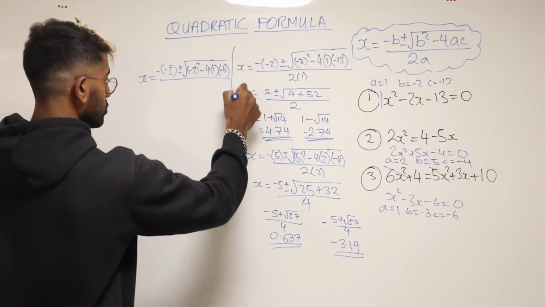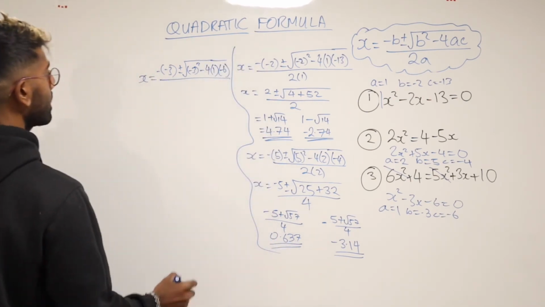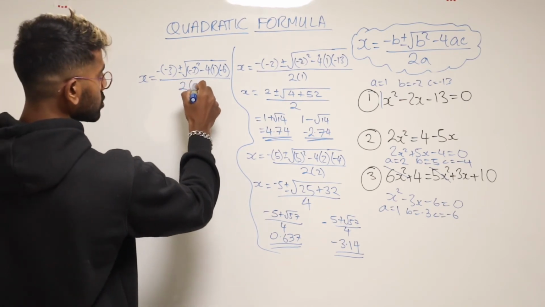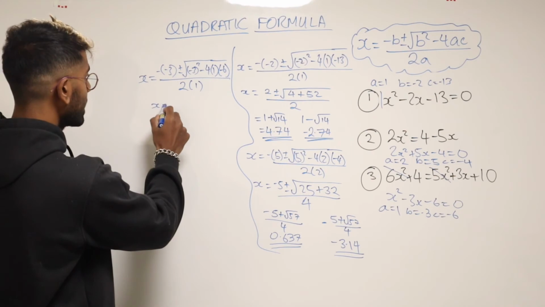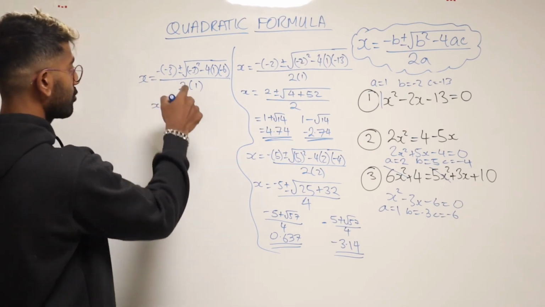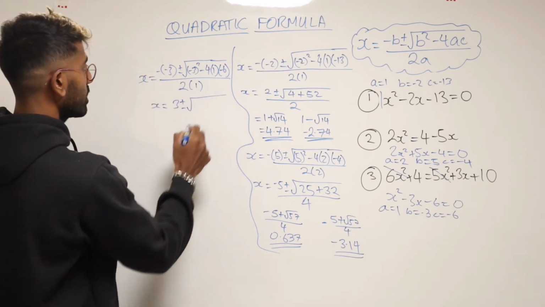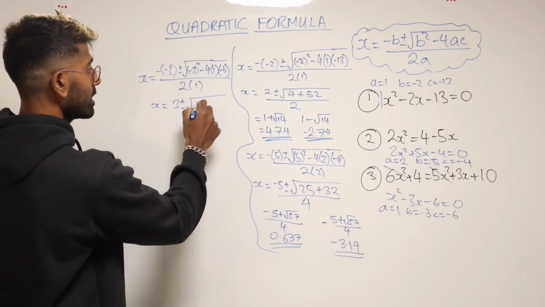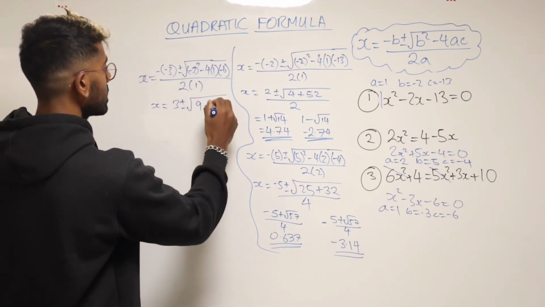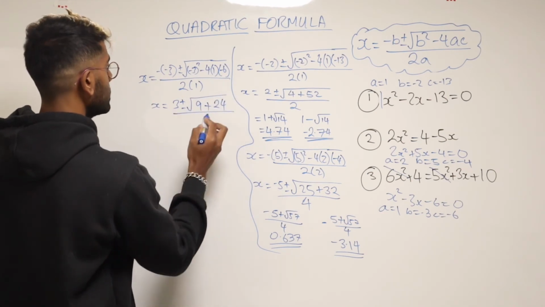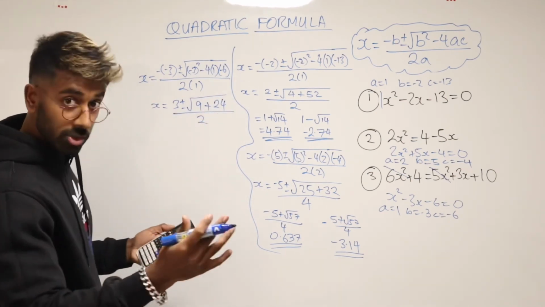All over 2 lots of a, so that's 2 lots of 1. Simplify the top a little bit, so x is equal to 3, plus or minus the square root of, minus 3 squared is 9, plus 4 times by 6 there, which is 24, over 2.